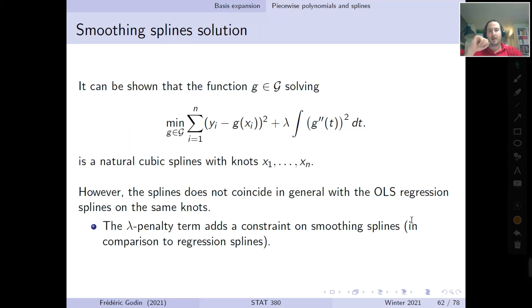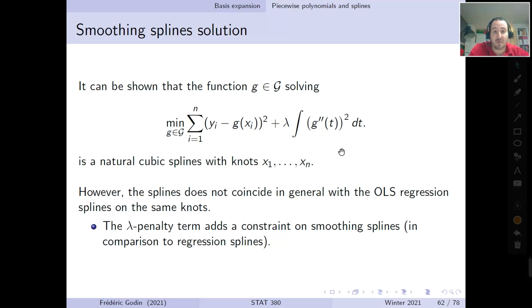Now we said we have to pick G among a set of twice differentiable prediction functions. This set of functions looks pretty large, so it's probably a very hard problem to solve. But some people have shown that the solution to this problem is of the following form.